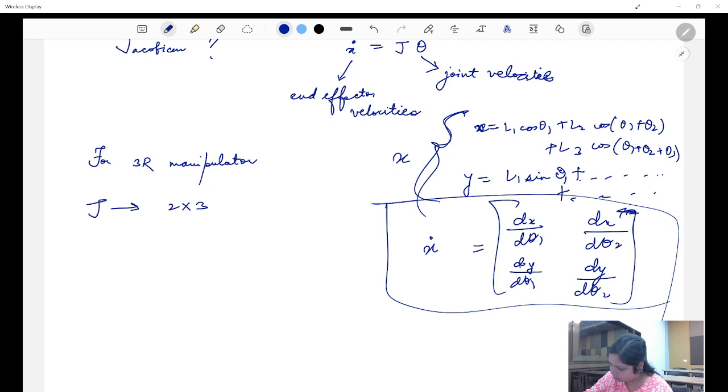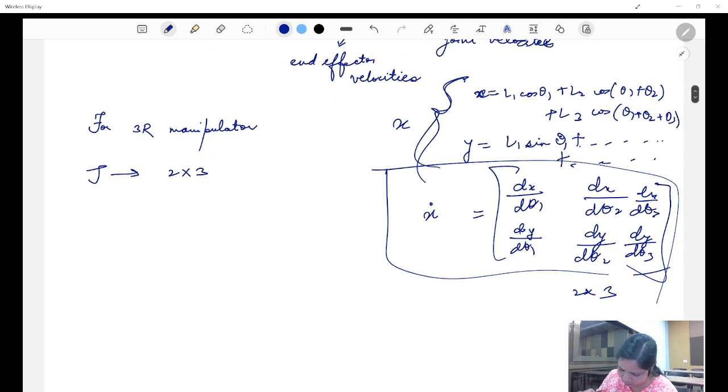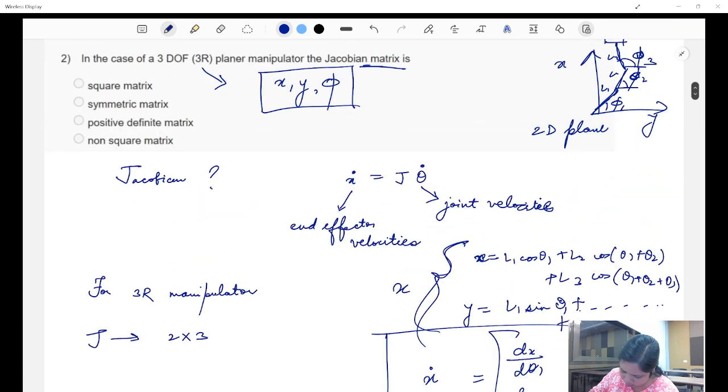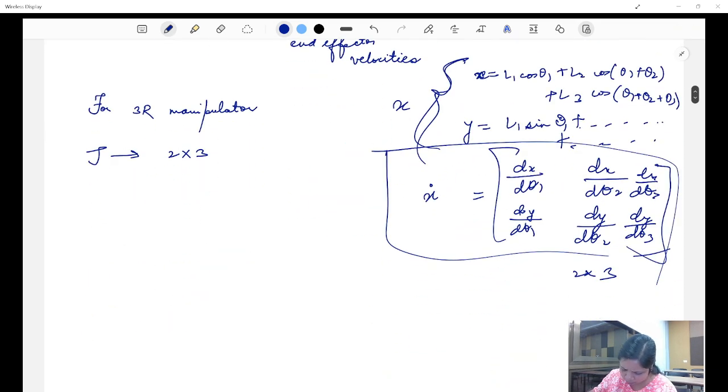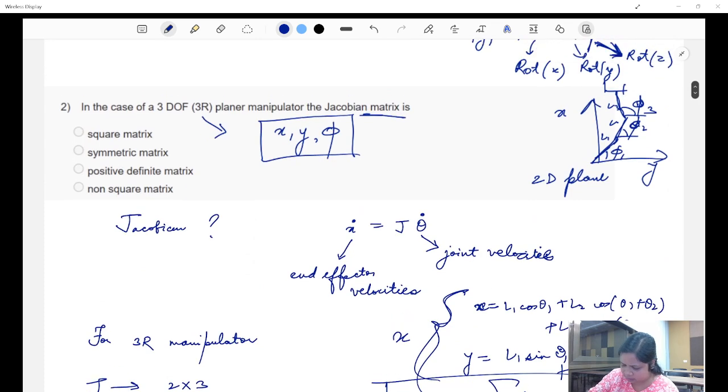Sorry, I missed it. Dx by d theta 3 and dy by d theta 3. So from here you can see that it is a 2 cross 3 matrix. Okay. So when you have this option, so from here you directly know, right, that it is a non-square matrix.